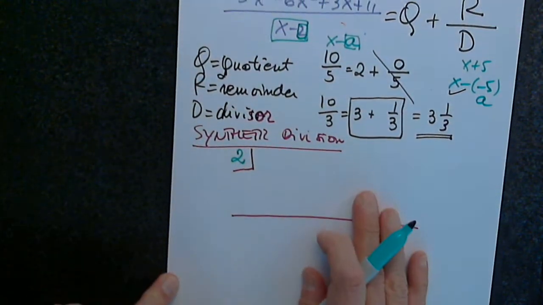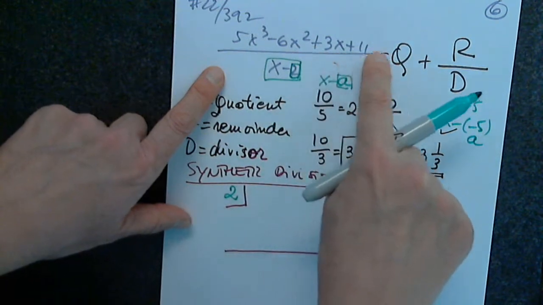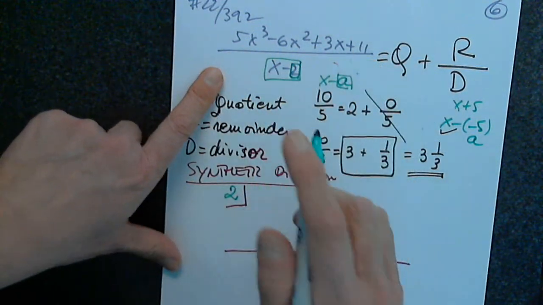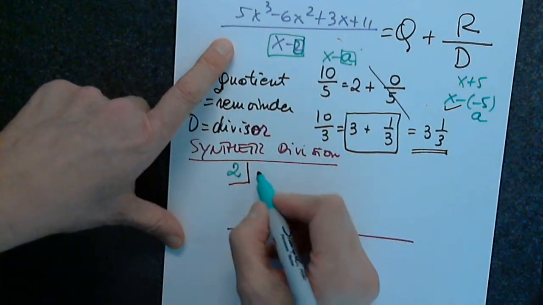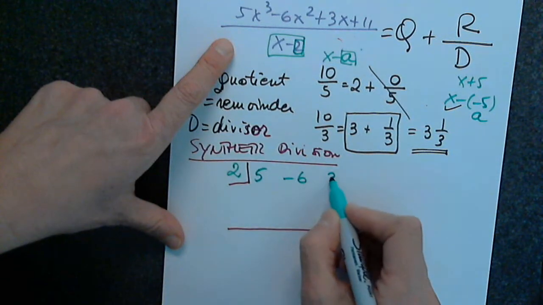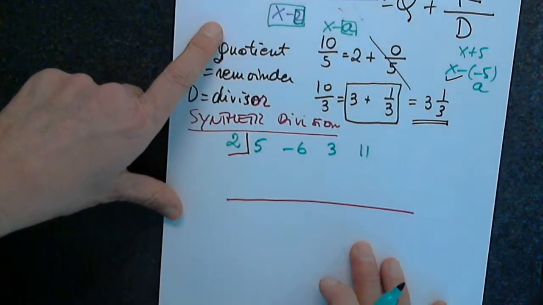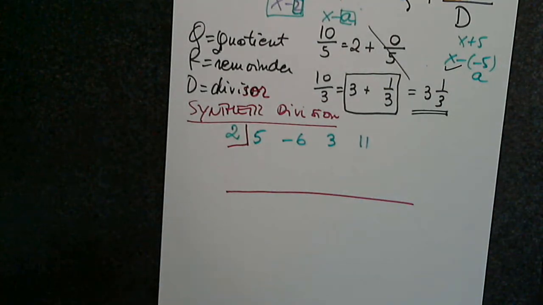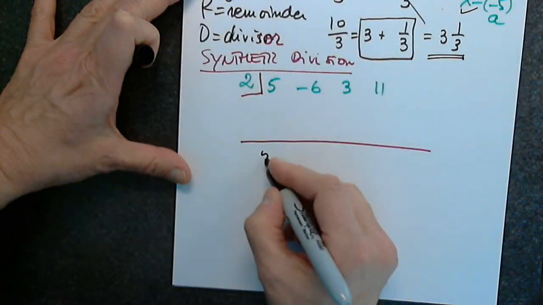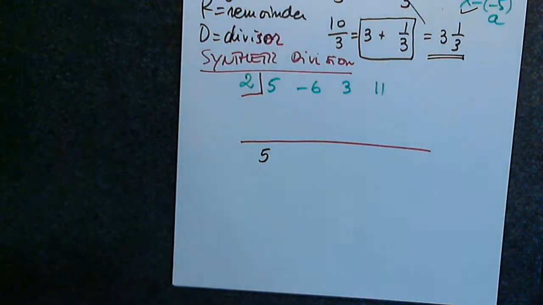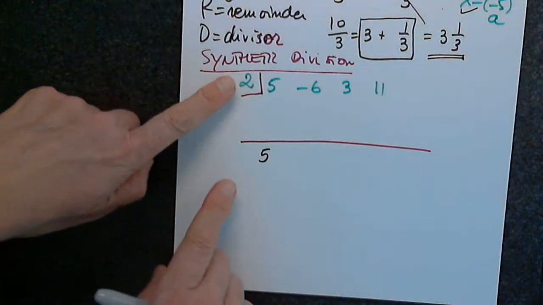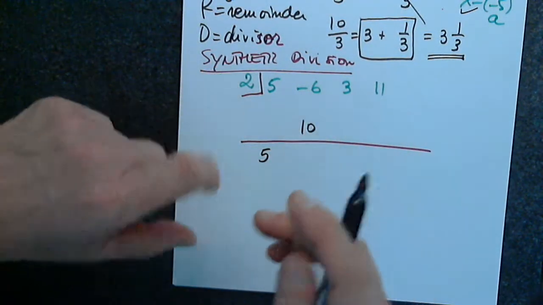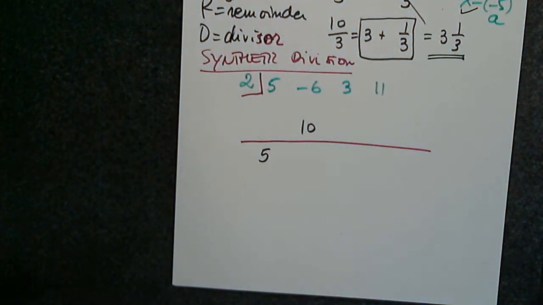Good. Next, I will copy just the coefficients in the correct order, and if one is missing, I put 0: 5, -6, 3, and 11. Next step, I bring down the 5. The first coefficient gets copied, always. Next, I multiply 2 by 5 and I get 10, and I write the answer under -6 but above the line.